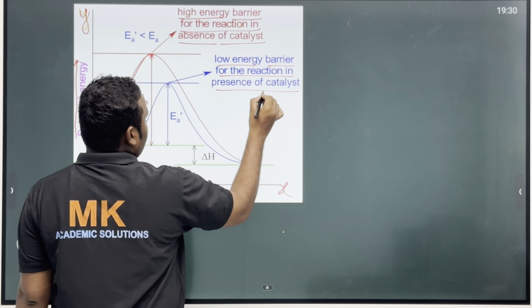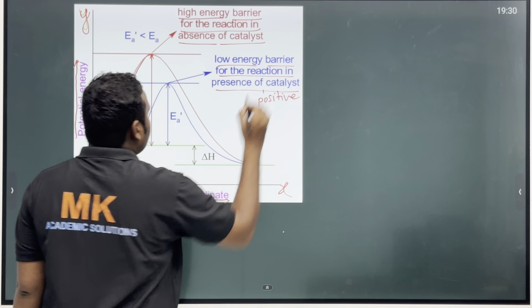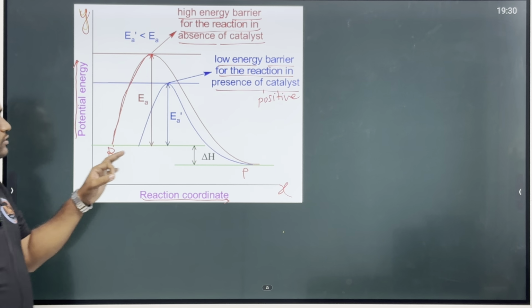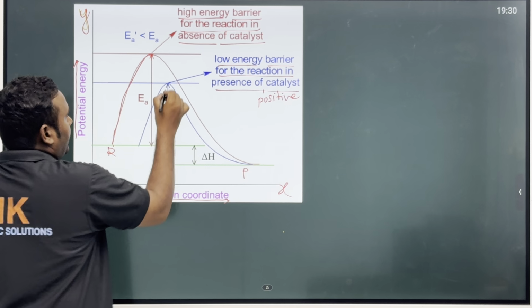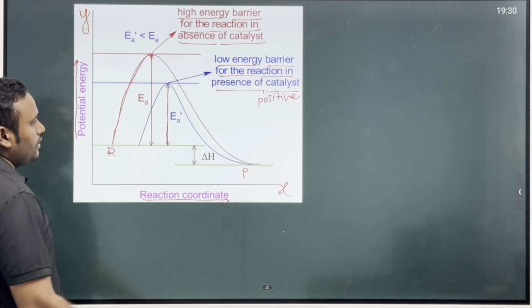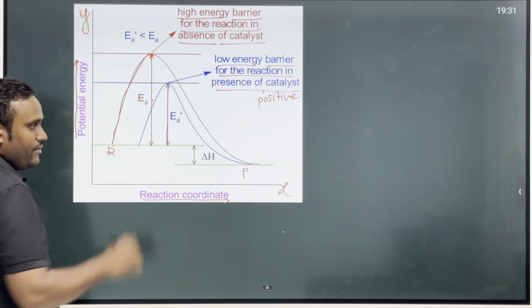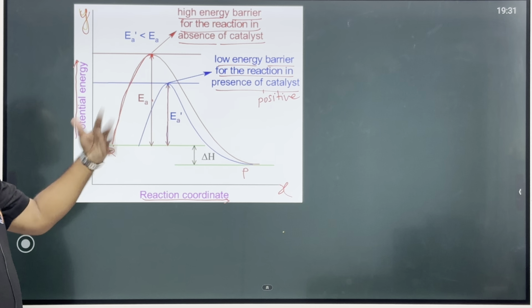So what will the positive catalyst do, children? It decreases the activation energy. So this is the activation energy in the presence of positive catalyst, and this is the activation energy in the absence of catalyst.